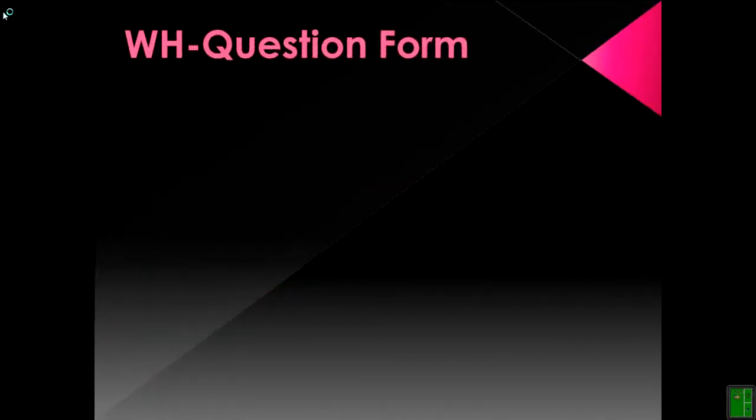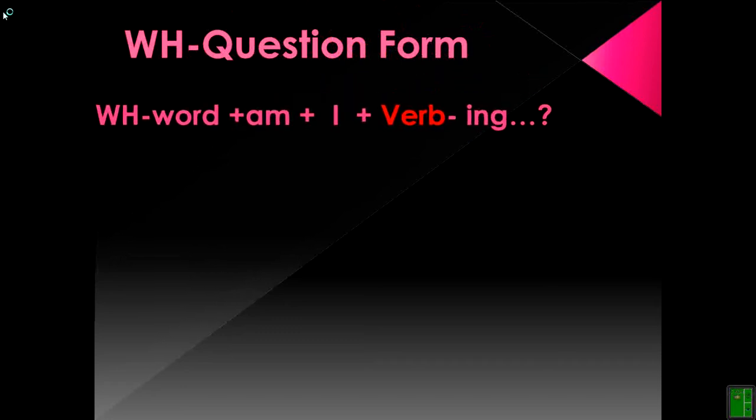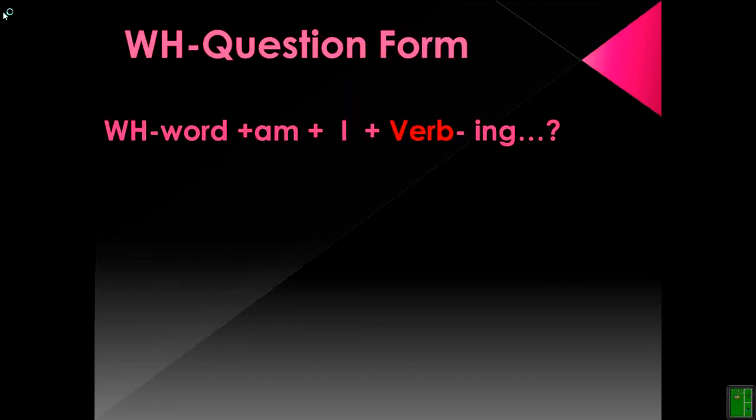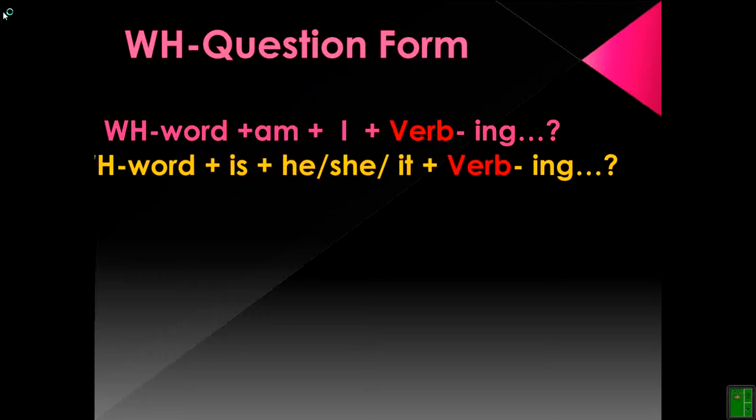Again, to focus on the WH question form, you have to follow the following steps. Number 1, use WH word plus am plus I plus verb plus ing, then you complete the sentence if you have a complement.